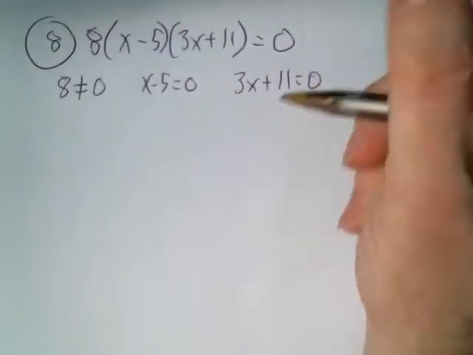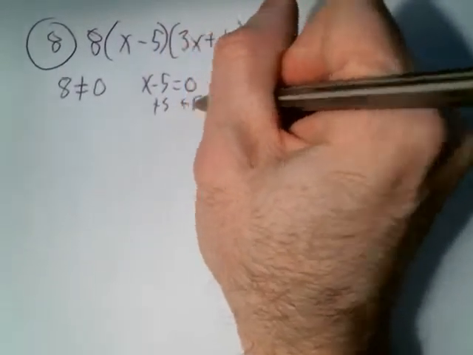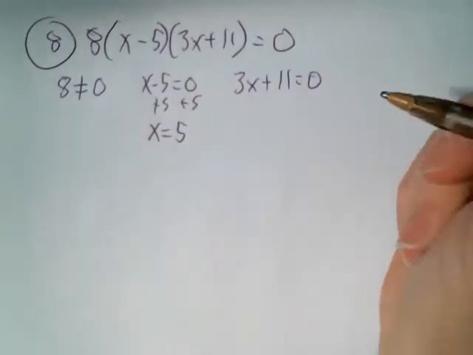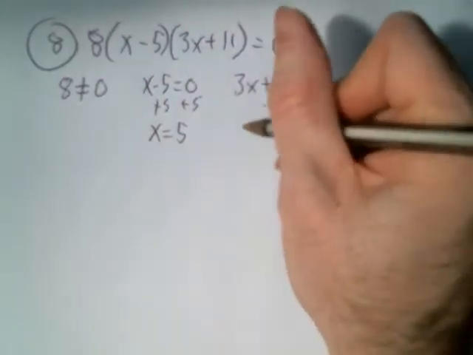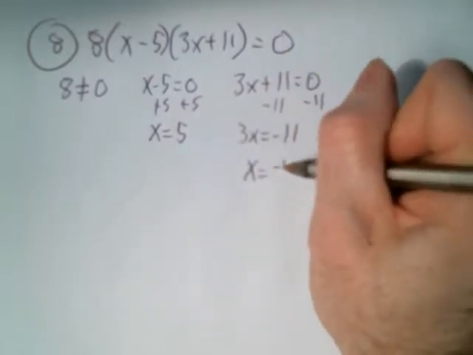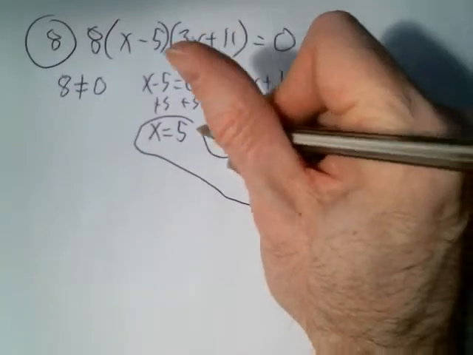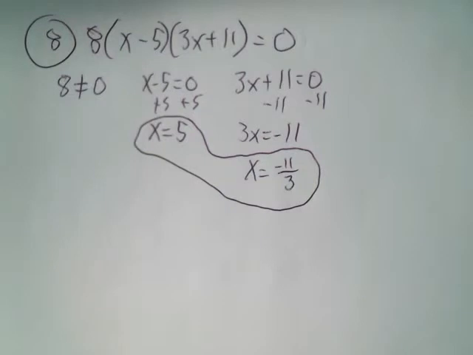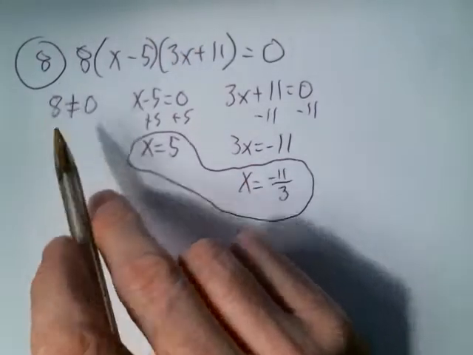Just solve those two, and that will give you your solutions. So here, add 5. So one of them is 5. Over here, subtract 11. And the other one's negative 11/3. Okay, so long story short, constants, you can forget about them.